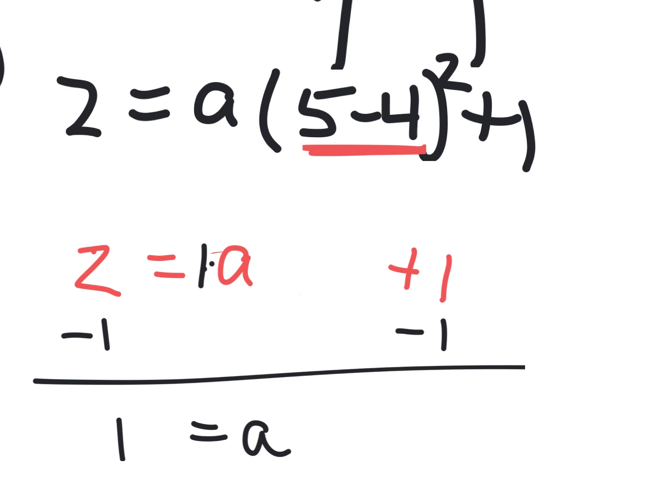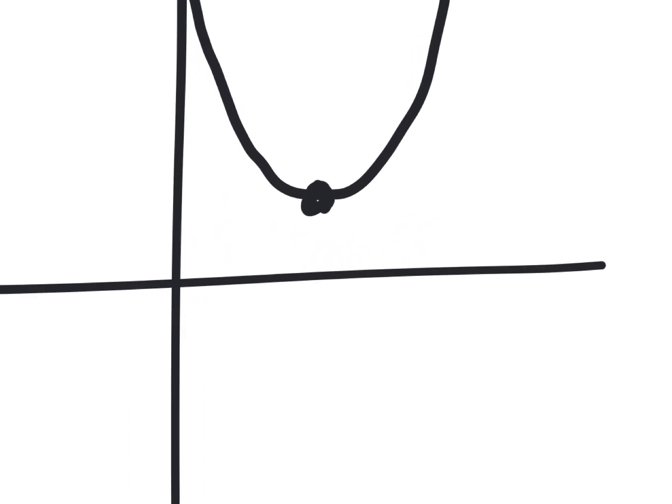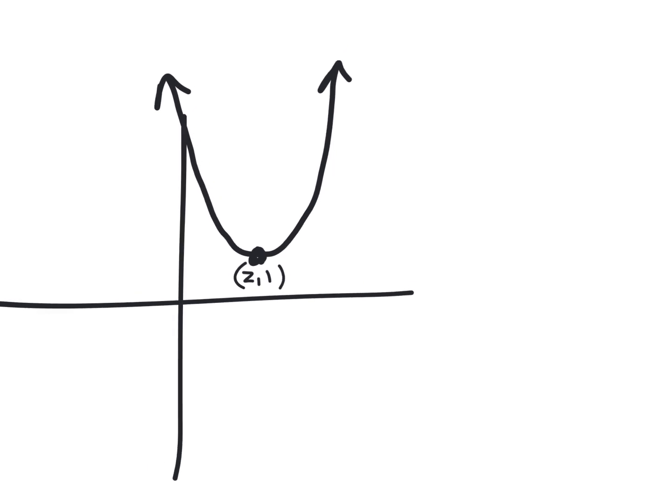All right, let's do another one. Ready? Make a parabola. This time, this is going to be at 2, 1, right there. And what's the name of that spot? Vertex. Now I'm going to give you another point that's on it.